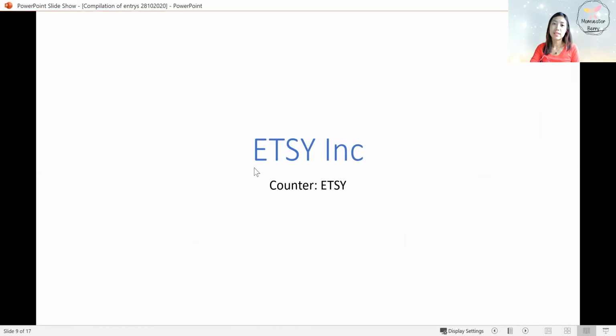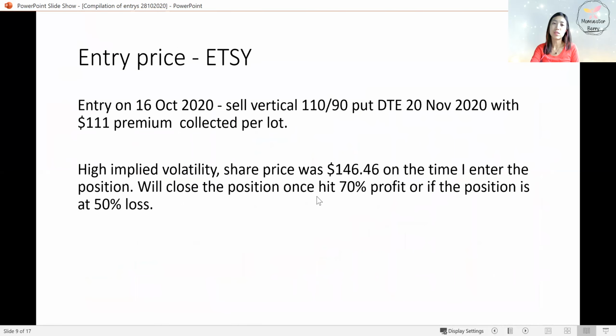The next one is Etsy, counter ETSY. Same, on the 16th of October, I sold the vertical 110 and bought the 90 put with expiry on the 20th of November. Each lot that I placed, I managed to collect $111 premium. Why did I place this trade? Because of the high implied volatility, same reason.